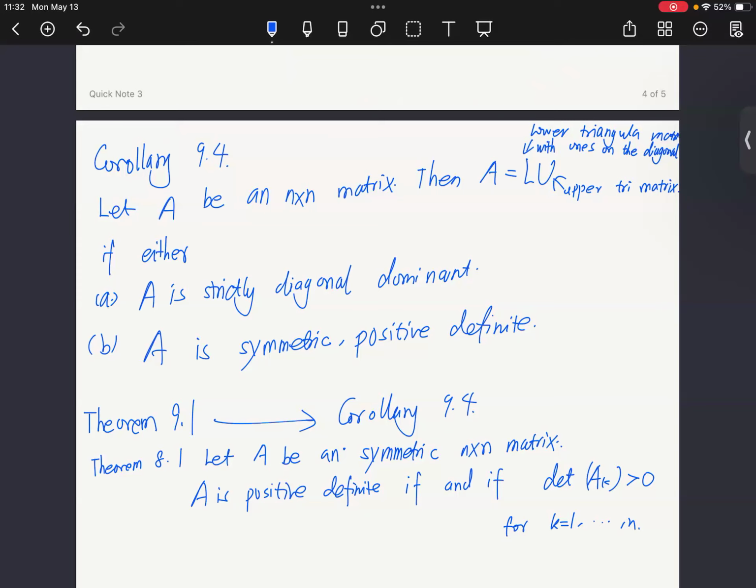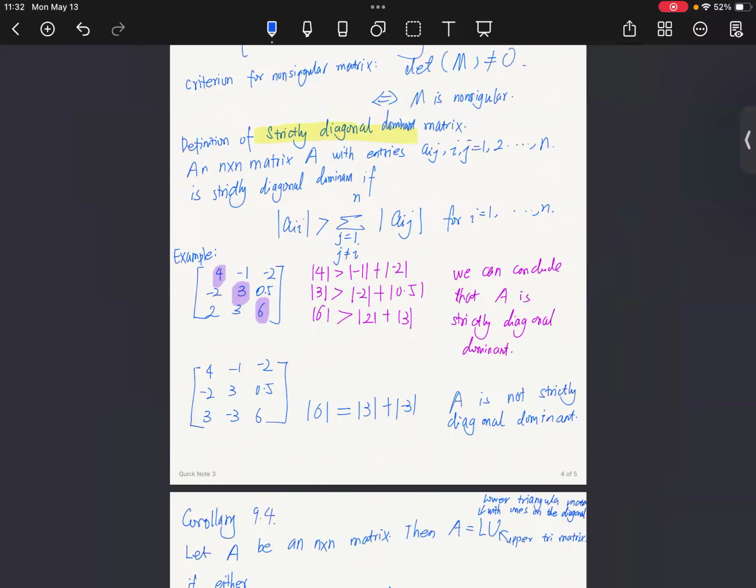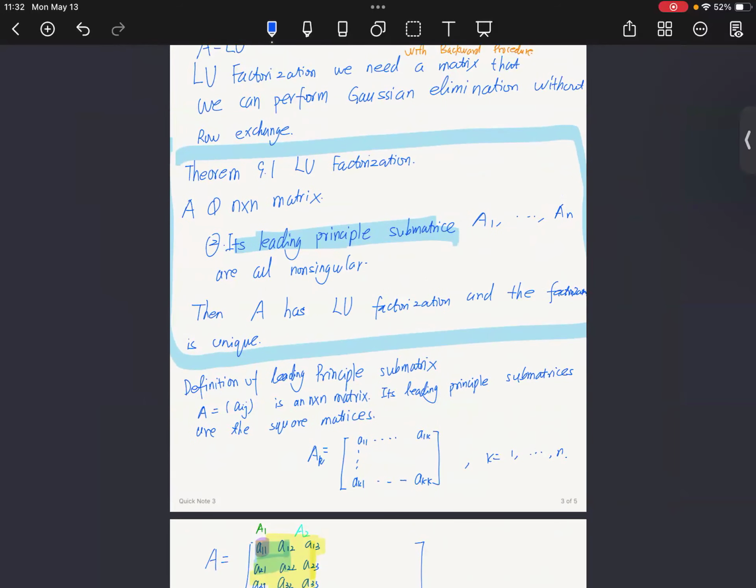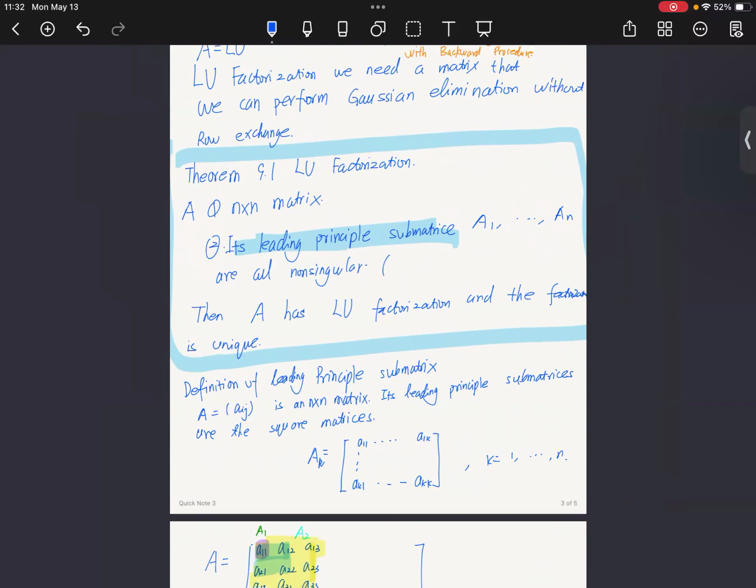And if you compare to what we have in the theorem 9.1, we just need the determinant of A_k does not equal to 0, right?